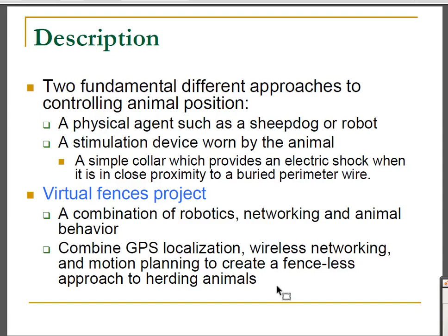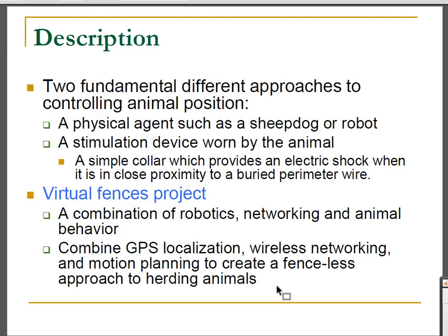So there are two fundamentally different approaches to controlling animal position. The first one is a physical agent. Maybe you can have a sheepdog or robot on your farm to do this, or a stimulation device worn by the animal. You can put it on their neck and then control them.